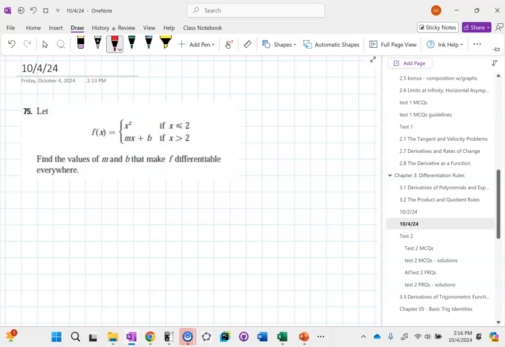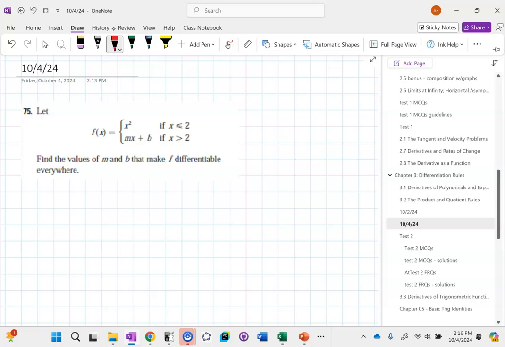75 says let f of x equal this piecewise function defined here. Find the values of m and b that make f differentiable everywhere. So remember, there are three things that can cause a function to be not differentiable: a discontinuity, a corner, or a vertical asymptote. Cool?